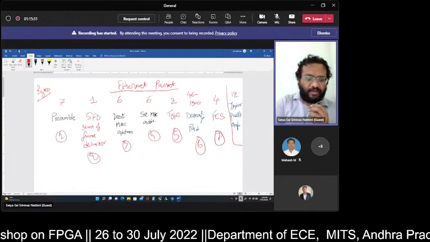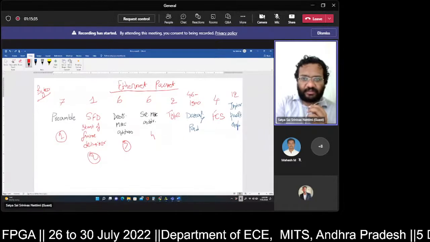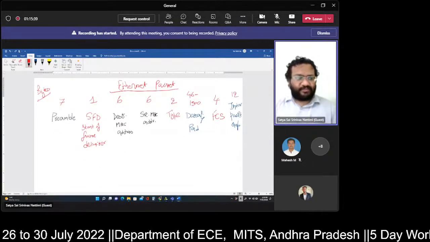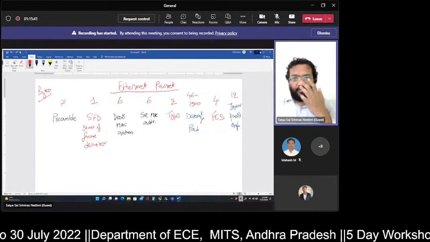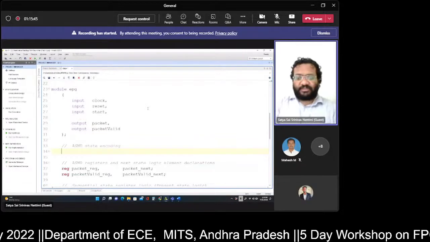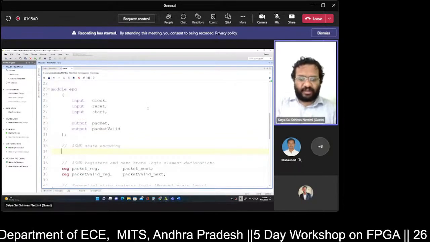How I have generated that we will see as we proceed. As of now, let us assume we have 7 states. First I will create only 2 states. Why? Because we are doing it in a step-by-step manner.